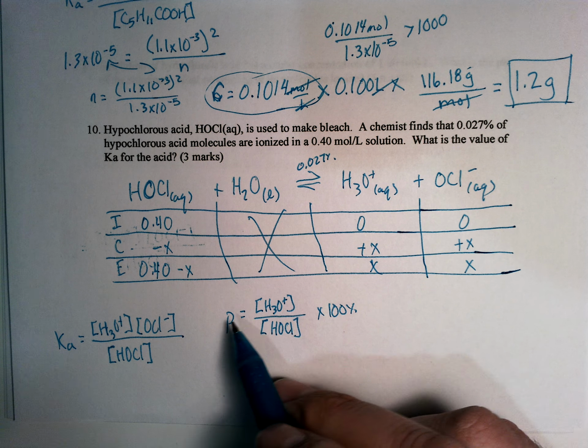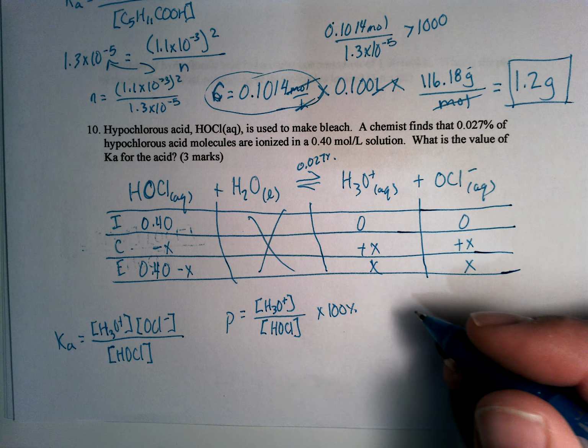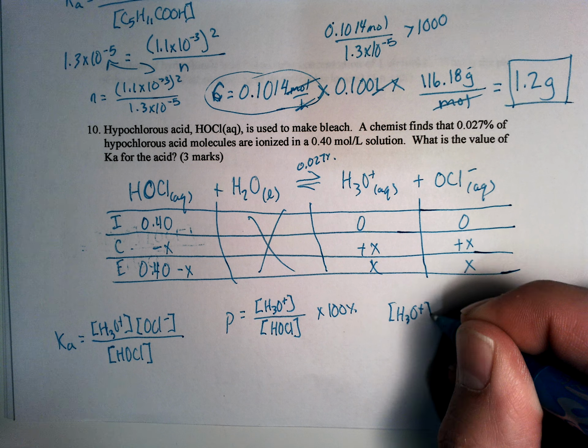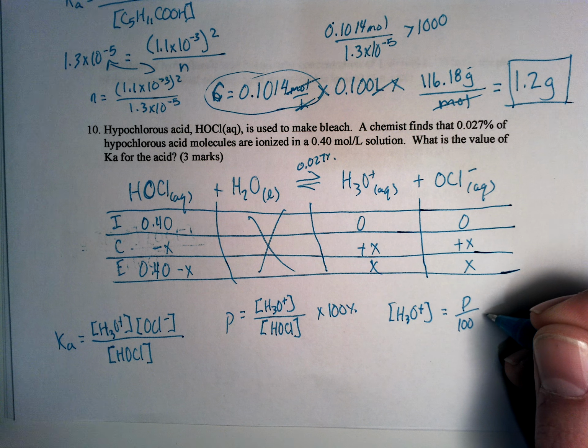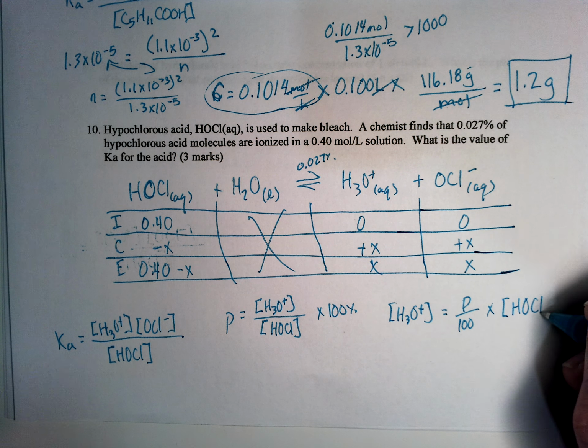So now we just need to rearrange this. We have this value and this value, so we're going to solve for hydronium. It's going to be our percentage divided by 100 times our concentration of our acid.